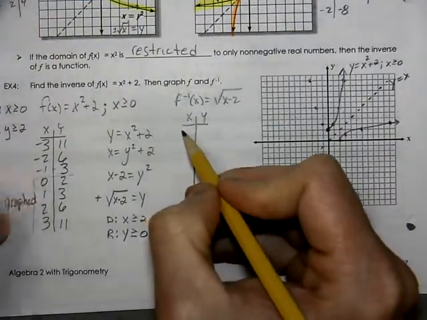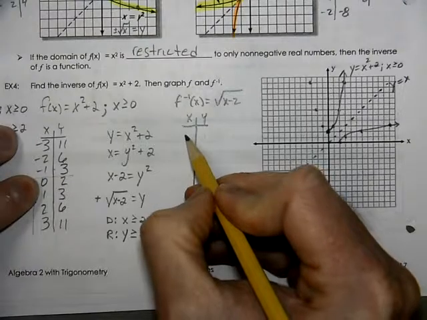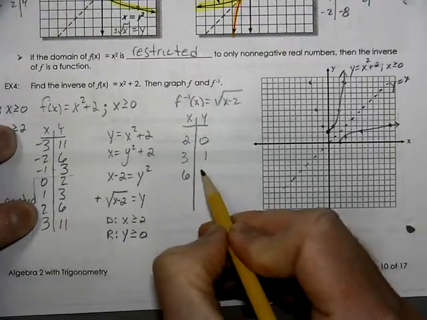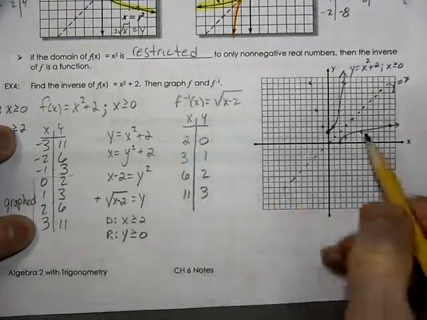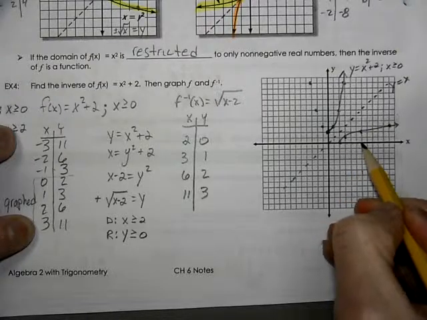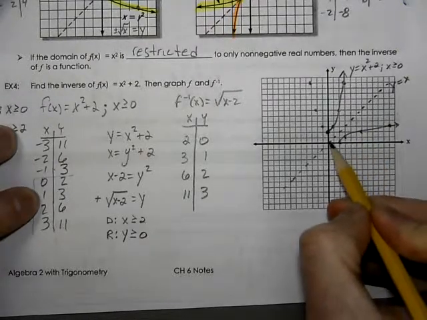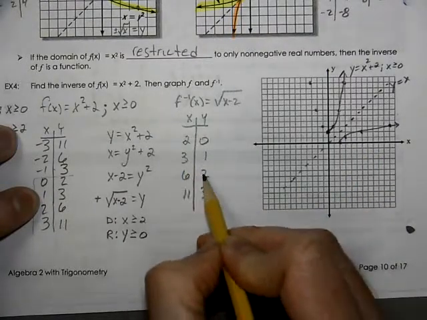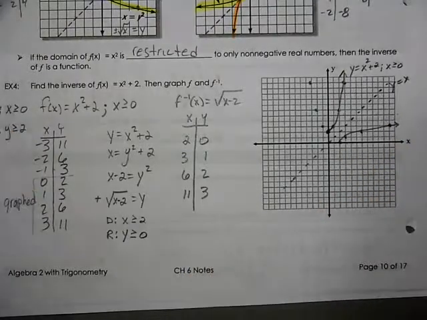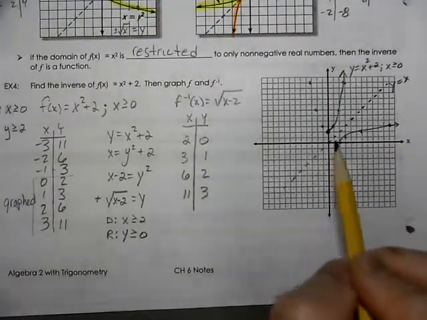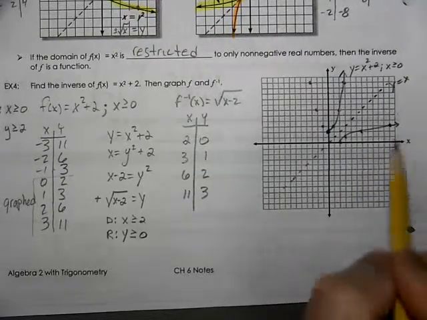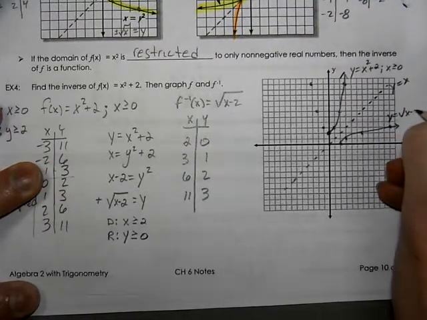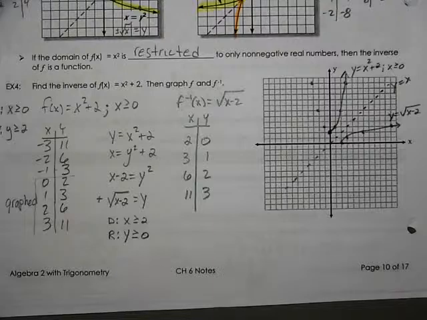We could take the original points, which are (2, 0), (3, 1), (6, 2), and (11, 3). 1, 2, 3, 4, 5, 6, up 2 was a dot. 1, 2, 3, up 1. (3, 1), (6, 2), even (11, 3). So either way, there are multiple ways for us to figure out where that graph exists. So we would want to label our graph as the square root of x minus 2.